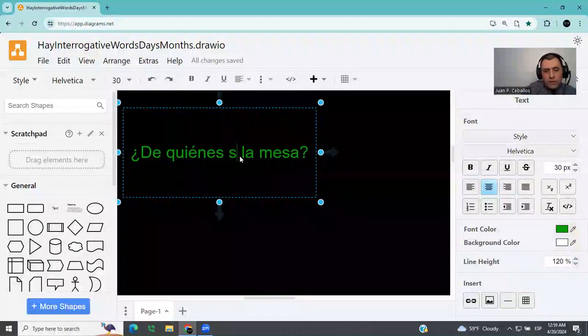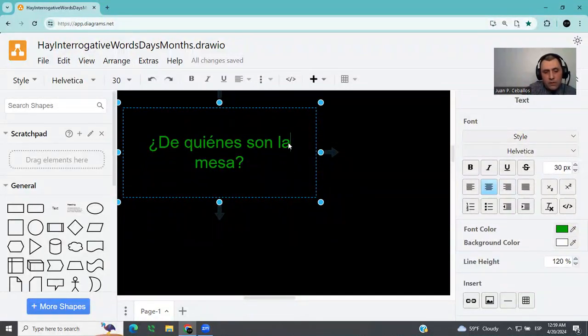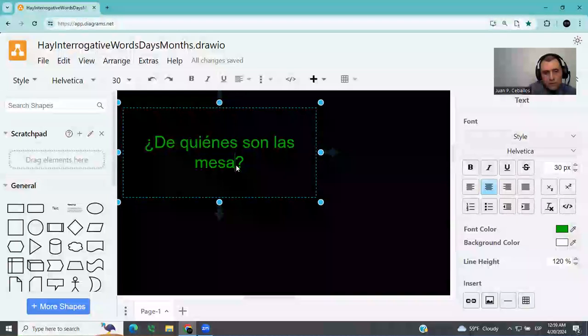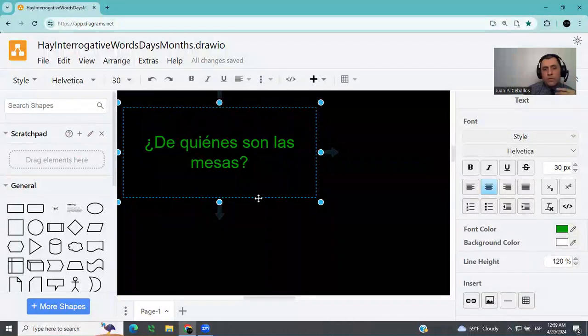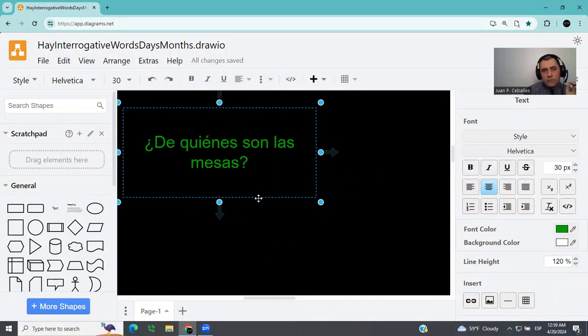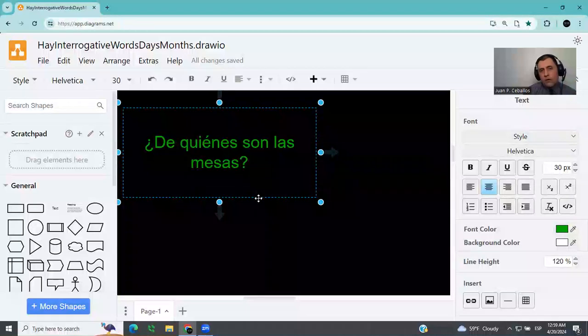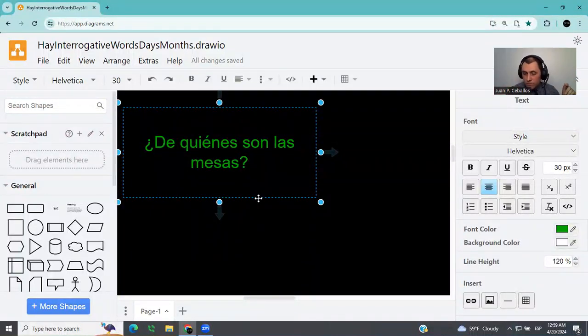Or I can say de quiénes son las mesas. I'm saying whose tables are these? Now here I have several tables. So now we have quién.